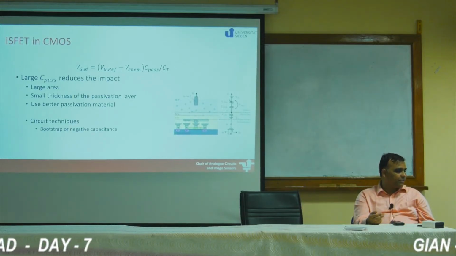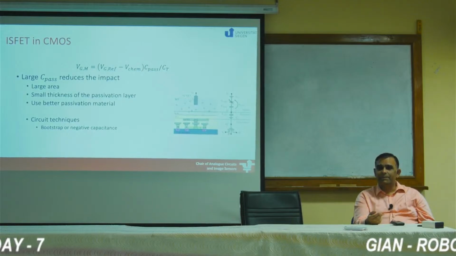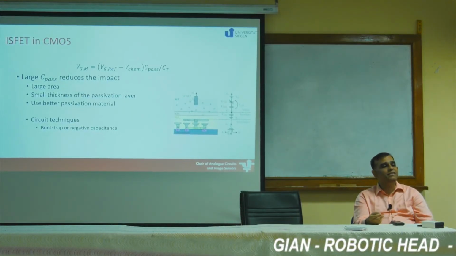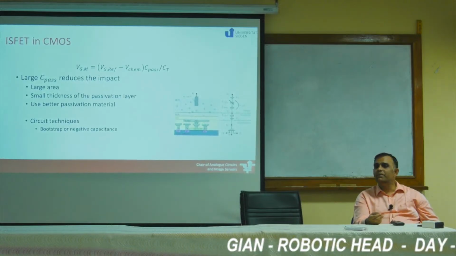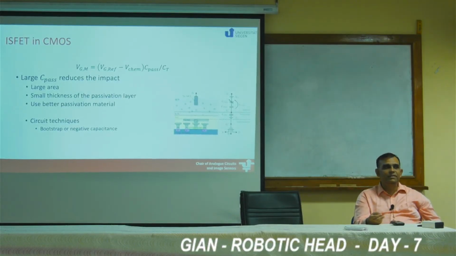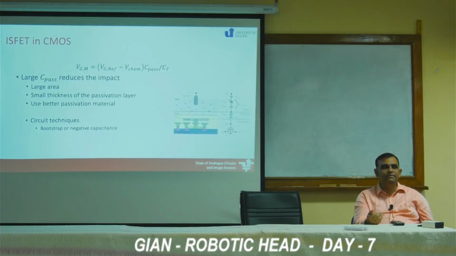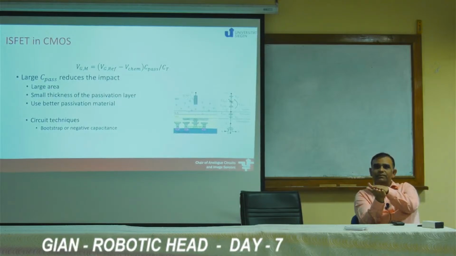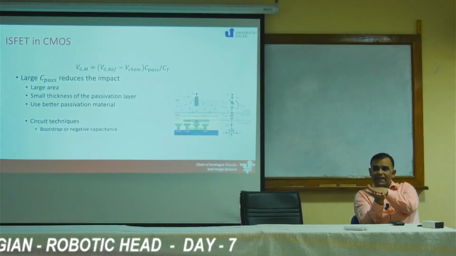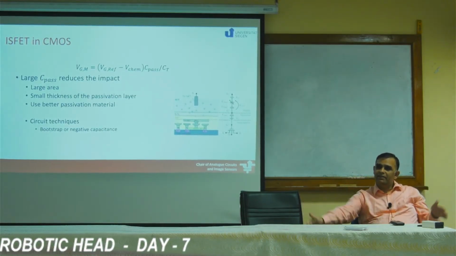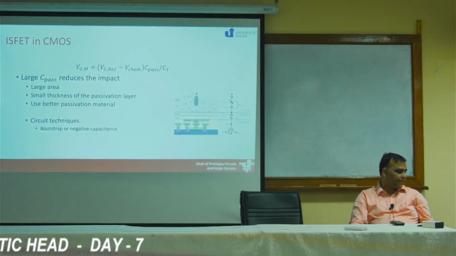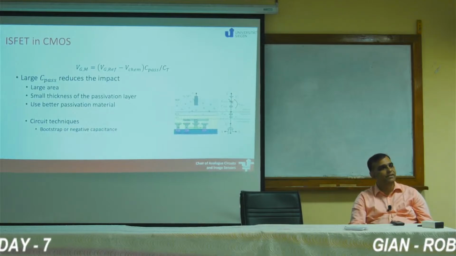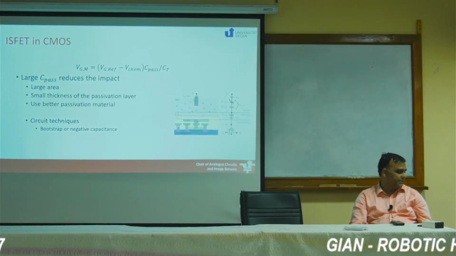So, how could we make the passivation capacitance large? What is the formula for parallel plate capacitance? Epsilon area by D, where D is the gap. So, either I make the gap small, which means I make my passivation layer thin, or I make my area bigger, or I use a better passivation material. I change the epsilon r, the relative permittivity.